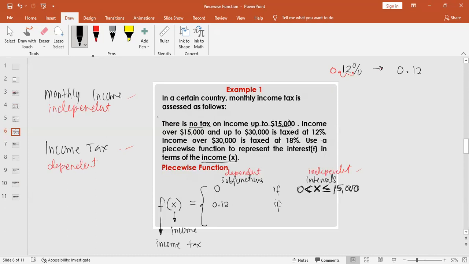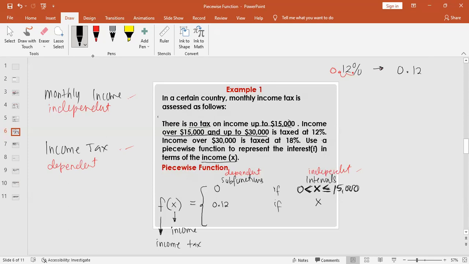So, magiging 12% ng monthly income nyo yung magiging income tax. Kung, again, we will write X, if it is over 15,000 up to $30,000.